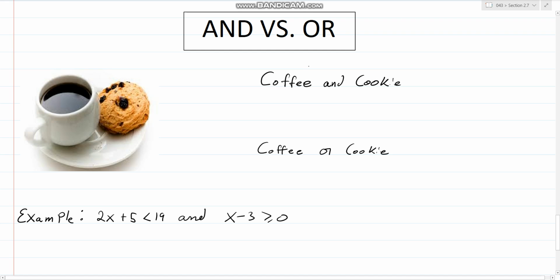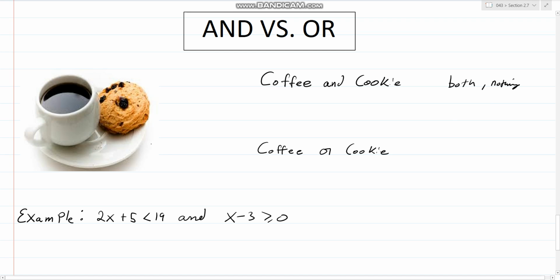So if I asked you to get me a coffee and a cookie, okay, then I want both. Both have to be present. If, let's say, the cafe didn't have a cookie, then it's nothing. It's both, and I hate to use the word or, so I'm just going to use comma, nothing, okay?